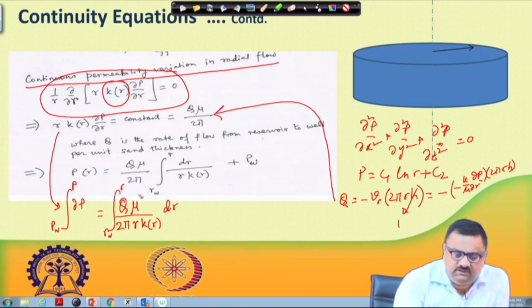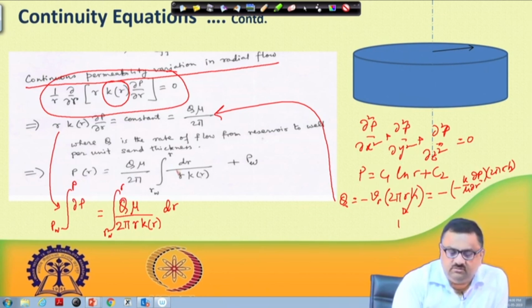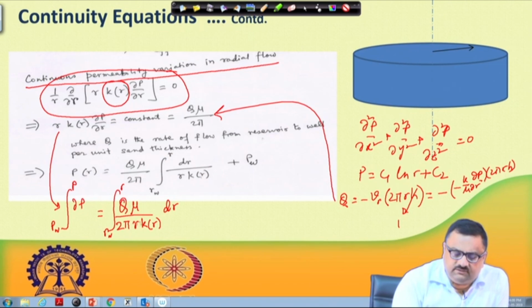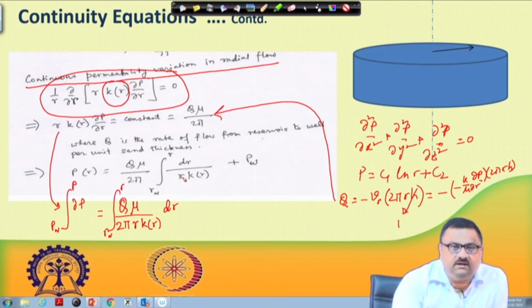So, you end up with p r is equal to q mu by 2 pi integration from rw to r of dr by r k r. We just take q mu by 2 pi out, and they are left with dr by r k r, plus pw. If you do this integration, you end up with this.